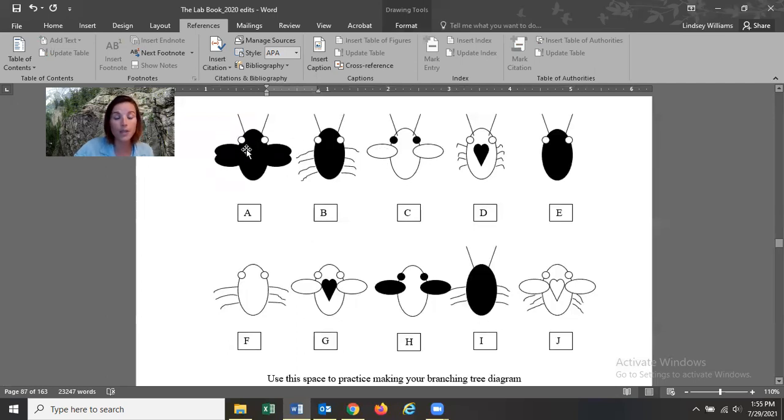Some have white wings, some have black wings. So you can use critter has wings, critter doesn't have wings. If it has wings, you're going to put A, C, G, H, and I in one box. And if it doesn't have wings, you are going to put B, E, F, and I in another box.